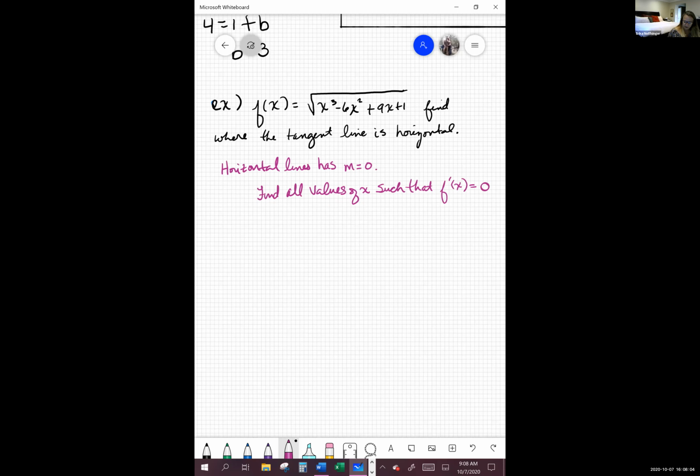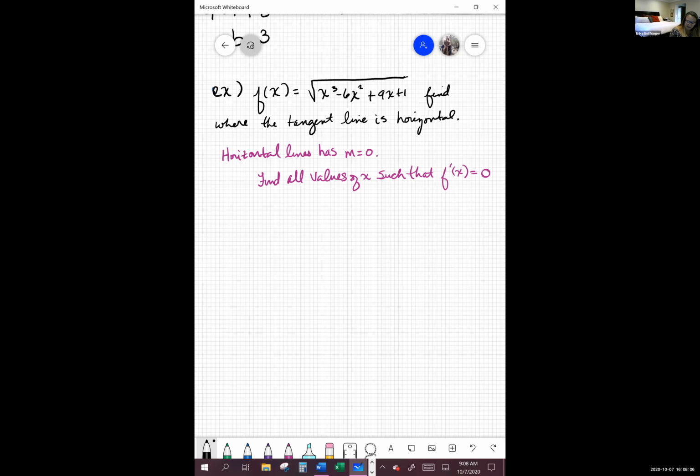Okay, so before we take the derivative of that, let's rewrite it. So we can rewrite f of x, instead of writing it with a square root, as x cubed minus 6x squared plus 9x plus 1, all raised to the 1/2 power. And this is all the same thing, as square root is the same thing as raised to the 1/2 power.